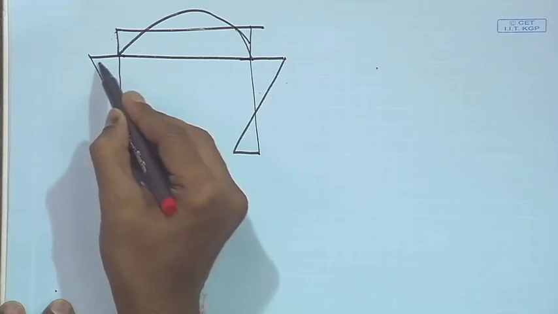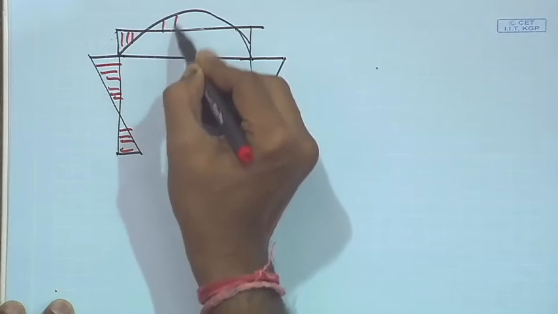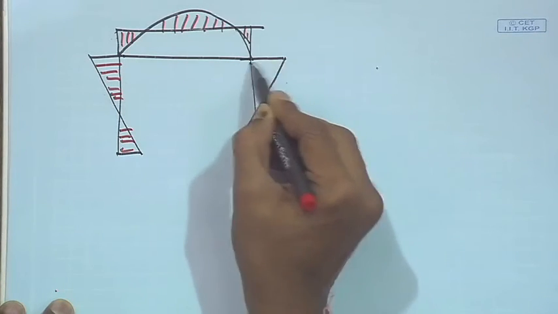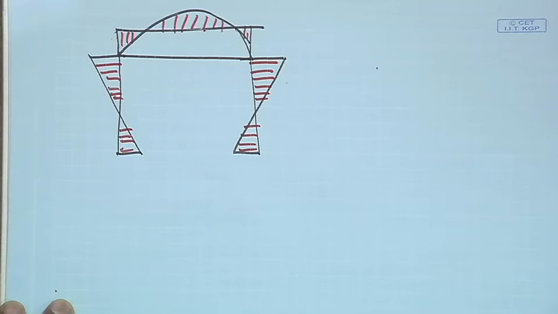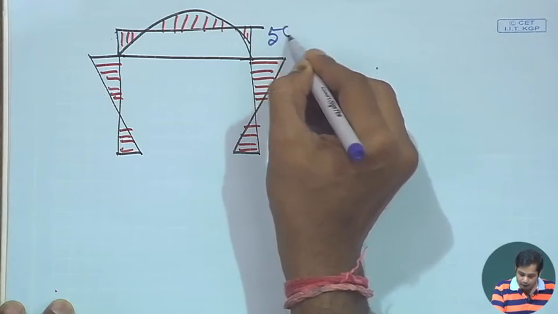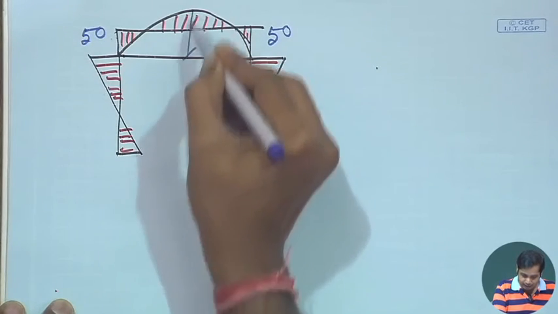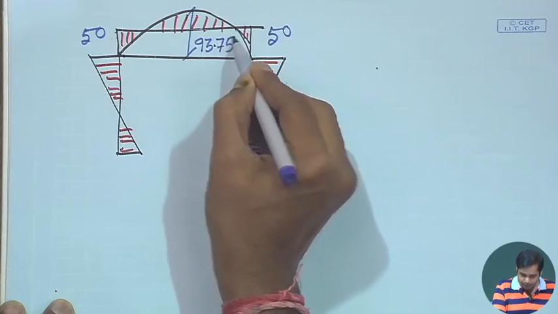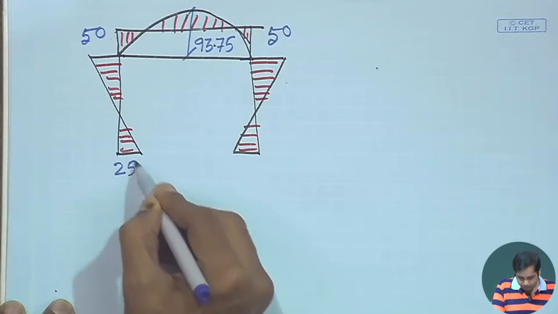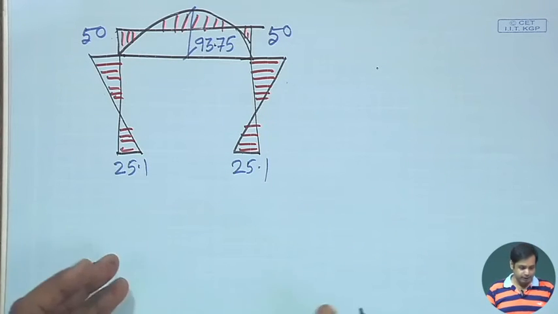This will be your bending moment diagram, and these values are 50, 50, and this is 93.75, and this is 25.1, 25.1.